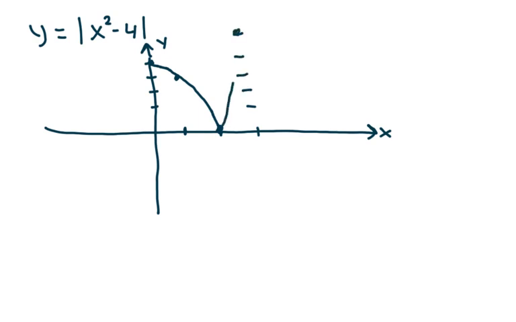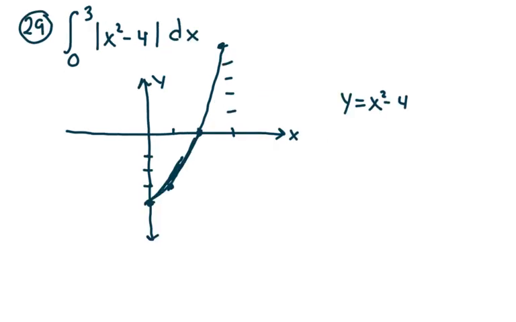And so it's going to come up. So essentially, we need to get this area up to 2. And then from 2 up to 3, we need to calculate this area. So we need to break up this integral at x equal 2. But remember, when you take the absolute value, you always have to get something non-negative back. That's the tricky part about absolute value.